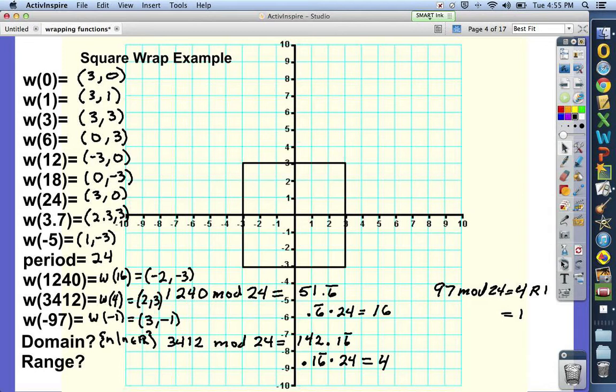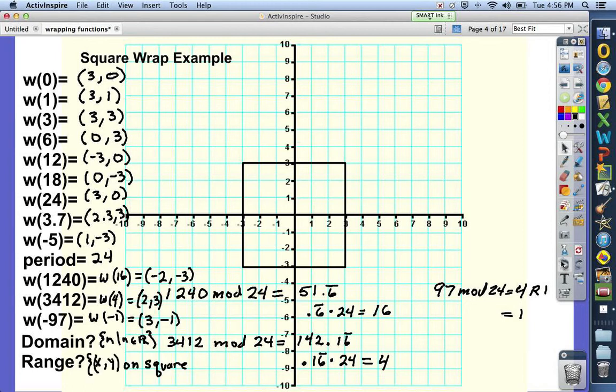The range is quite a bit trickier to think about, though, because typically we used to think about range as having to be just y values. Domain was x's and range was y's. Well, in this case, we're going to use n's for the input values, and an ordered pair x comma y for the output values. So any ordered pair that lies on this square would be the range.